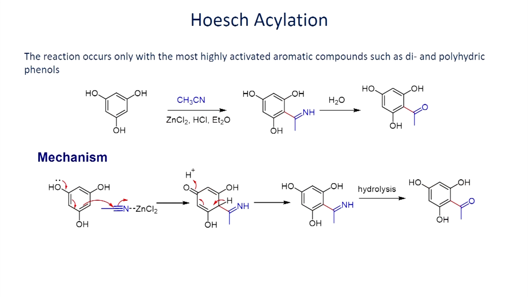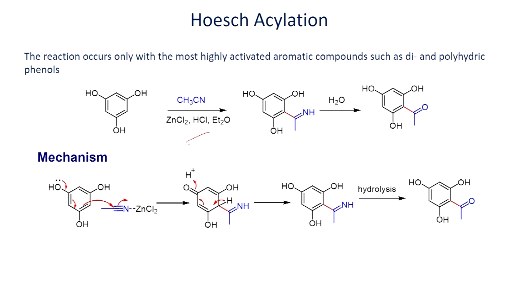We have just seen 2 examples for the formylation reactions. The first one involves the combination of carbon monoxide and hydrochloric acid in the presence of Lewis acid, and the second example involves the combination of hydrogen cyanide and hydrochloric acid in the presence of Lewis acid. Now, let us look at the acylation reaction shown in this case, and in place of hydrogen cyanide, acetonitrile has been used.